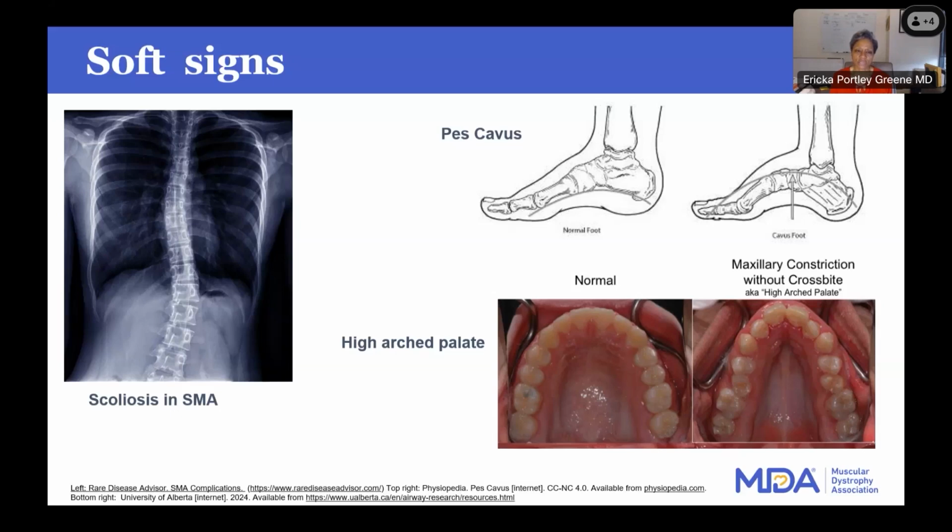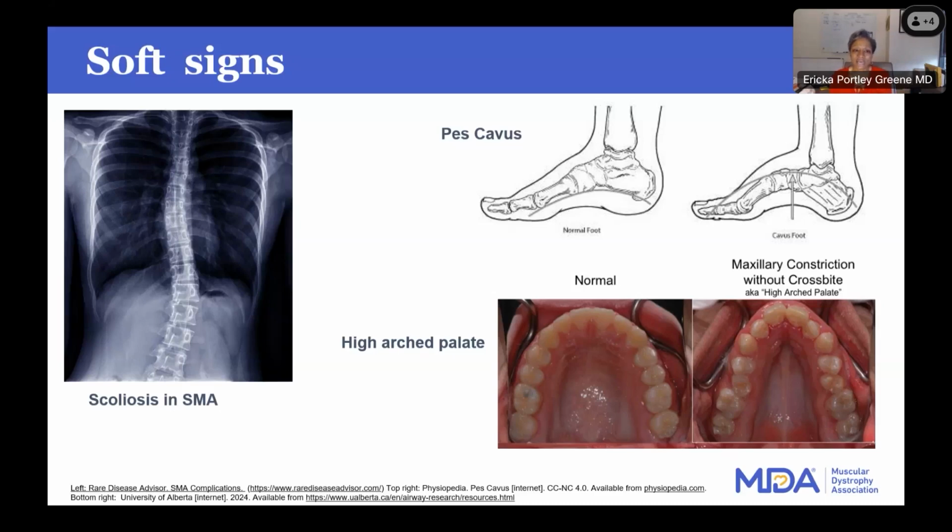Some of the other soft signs that was already mentioned is scoliosis. Scoliosis is not specific to one disease. We see it in many long-standing, particularly inherited congenital neuromuscular diseases. As Dr. Shroff mentioned, developmentally, even before they show weakness, the ability of their musculoskeletal system to develop as a person grows from childhood to adulthood is impaired.